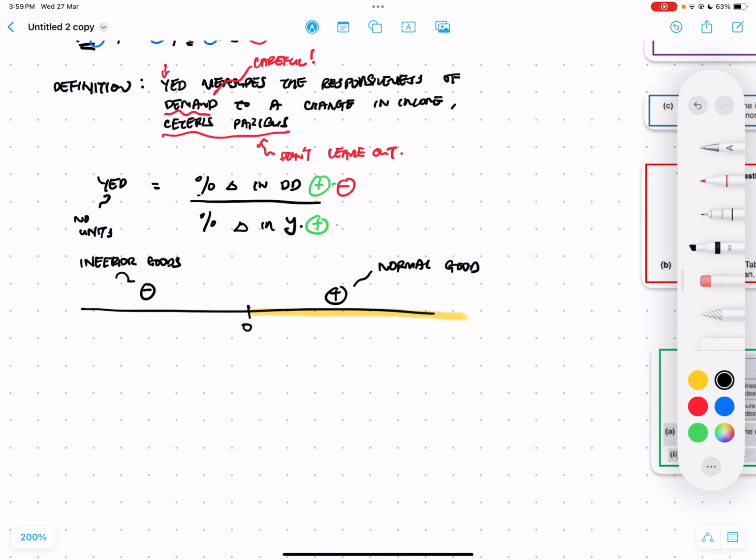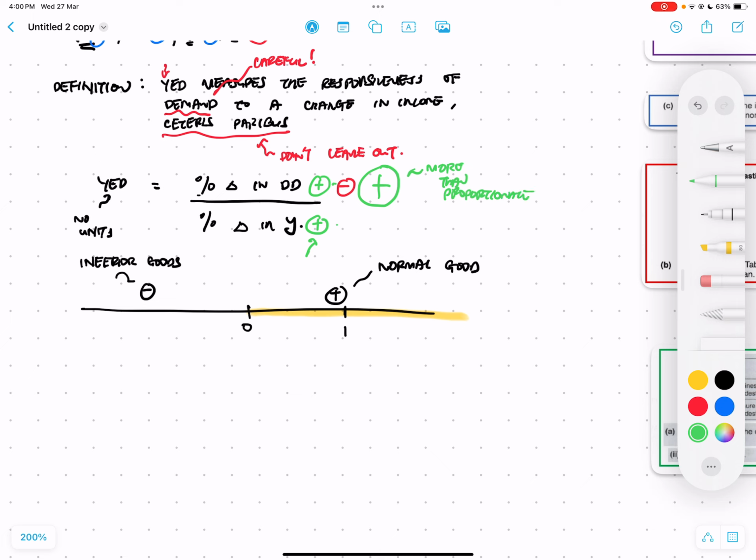So what we do is split this into two, and we say that there are some goods that have values more than 1 and some goods that have values less than 1. What do we mean? If it's more than 1, it means your denominator is positive and the numerator changes by a lot, or more than proportionately.